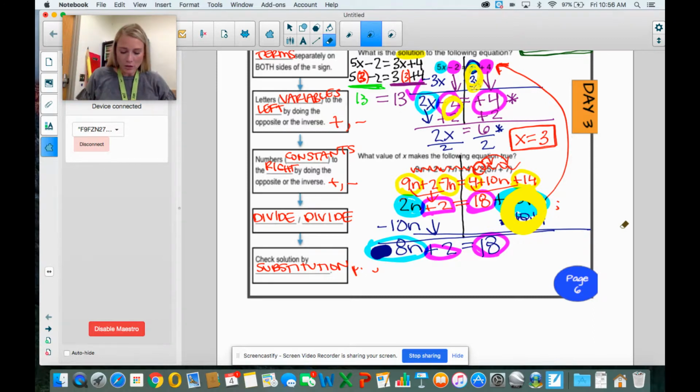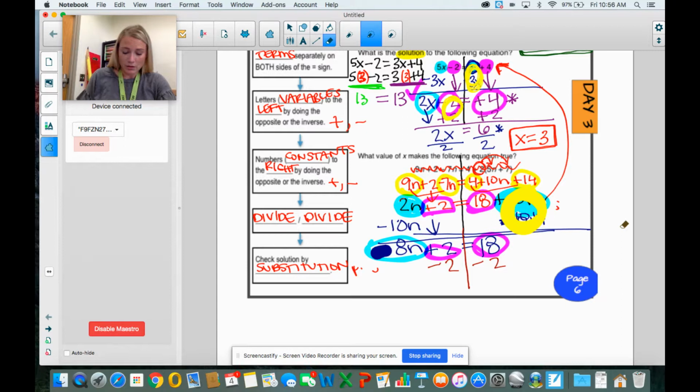So how do I get rid of a plus 2? Well, I do the opposite. The opposite of adding something is subtracting it. That's a really bad 2. Let me redo that. Continue my line. Whatever I do on one side, I have to do on the other.